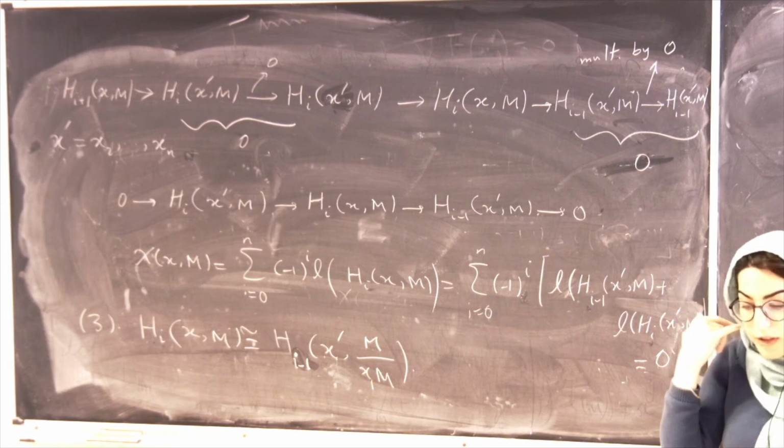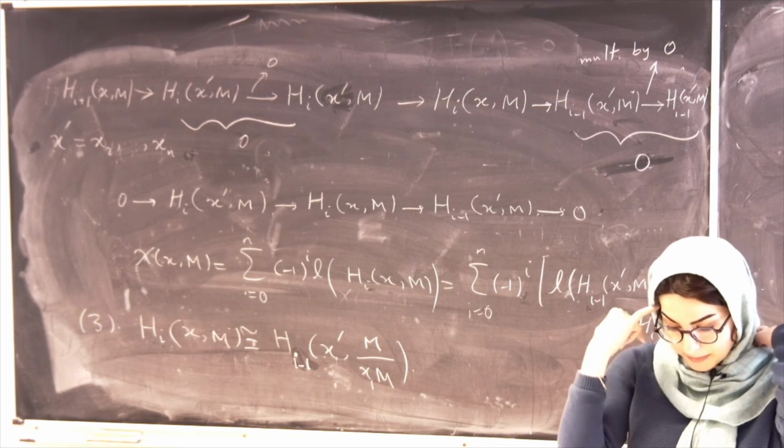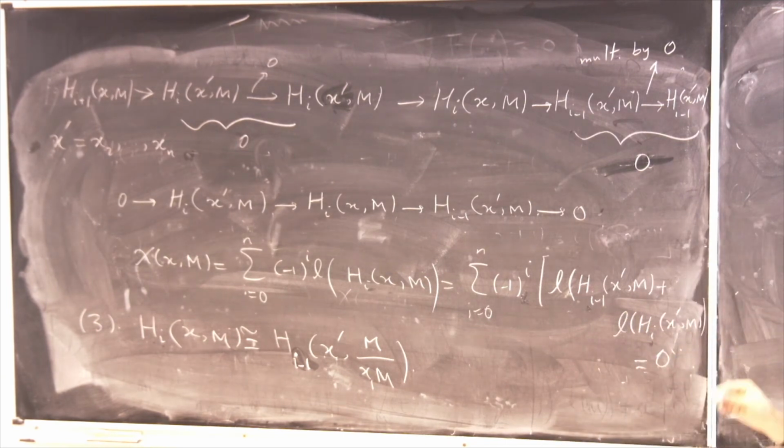Okay, I don't repeat the assumption that R is a Noetherian local ring or a standard graded K-algebra. M is a finitely generated R-module.